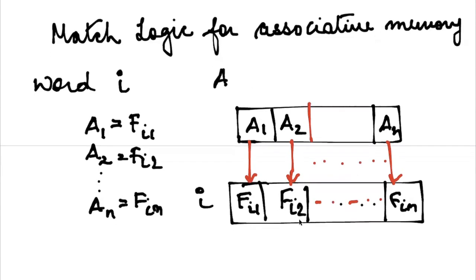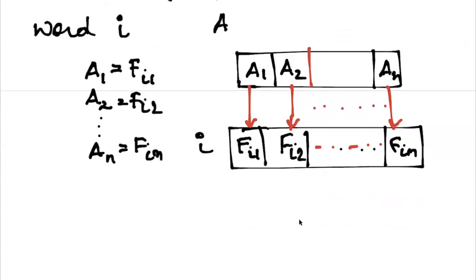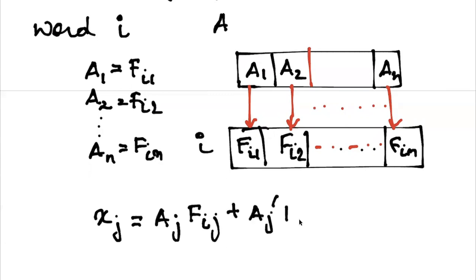So can I write this match logic as a Boolean function, xj equals aj Fij plus aj dash Fij dash. Okay, so I can write it like this.